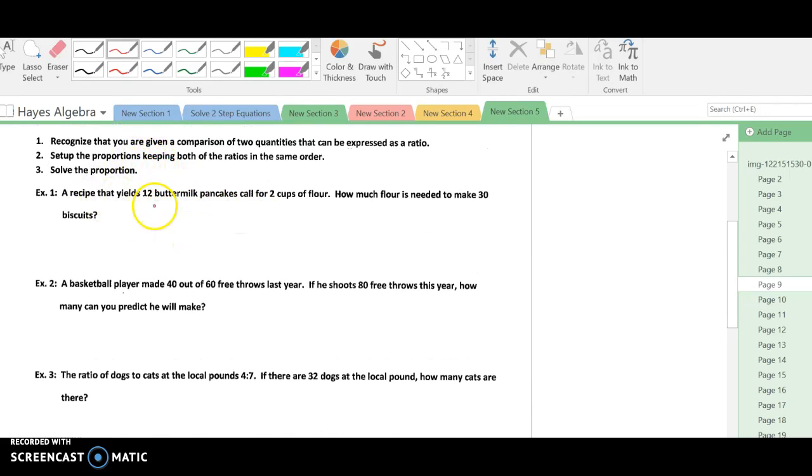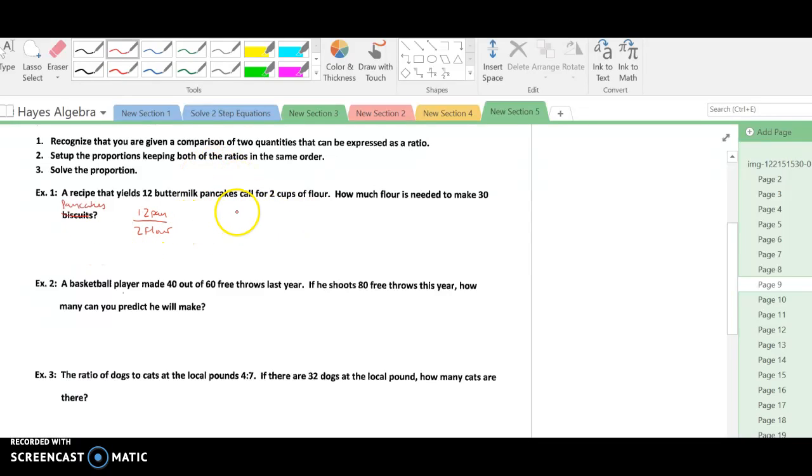All right. So, example 1, a recipe that yields 12 buttermilk pancakes calls for 2 cups of flour. How much flour is needed to make 30 pancakes? So if you think about it, we get 12 pancakes out of 2 cups of flour.